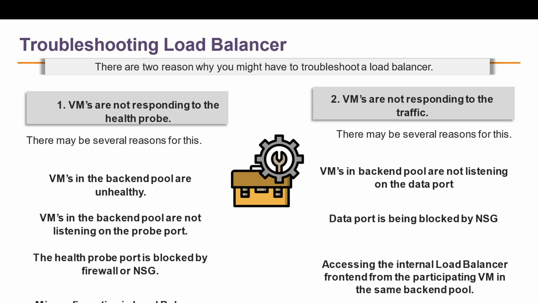So there's a possibility that while configuring your virtual machine, you want to send requests from a browser, but the HTTP port is not open. That means while setting the inbound rules, you have not configured them properly, and because of that the virtual machine is not listening to this port.